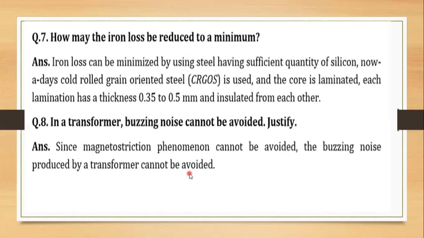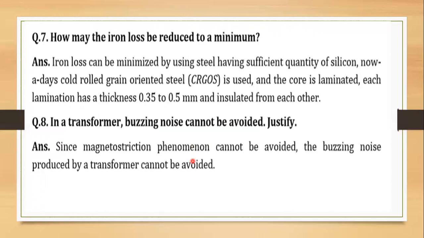When the transformer core is subjected to alternating magnetic flux, the magnetic domains are arranged in a systematic order in one direction. When the core is subjected to the positive peak of flux, the domains align one way, and whenever it is subjected to the negative peak, these magnetic domains change their direction of orientation.